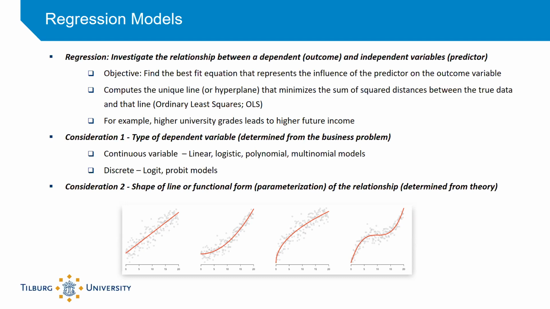That means if a grade increases from C to B, the resulting increase in future income should be equal to the increase when the grade increases from B to A. Of course, this is not a very realistic assumption because almost no relationship is purely linear, but it's an approximation that you can make in most cases. You can just say, let's assume that it's a linear relationship and start from it.